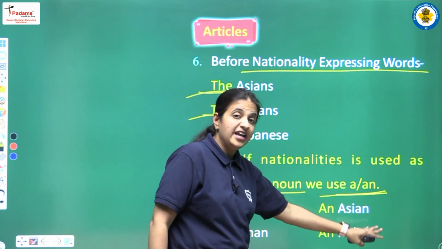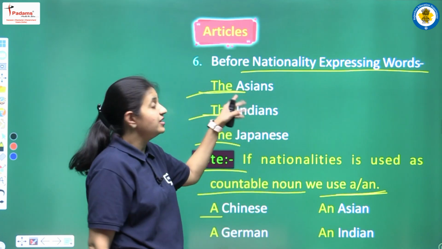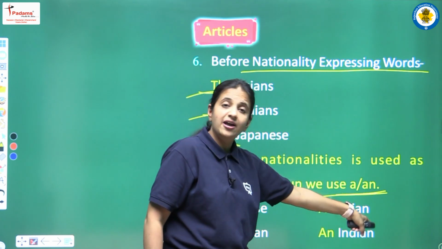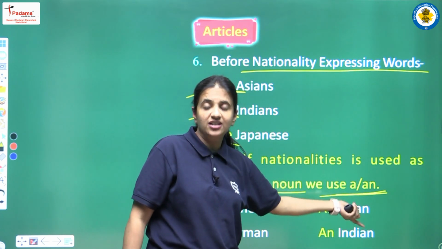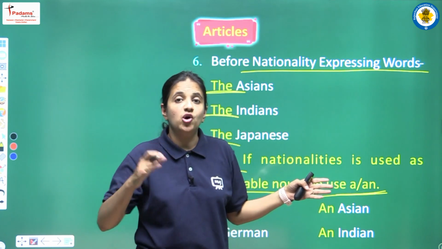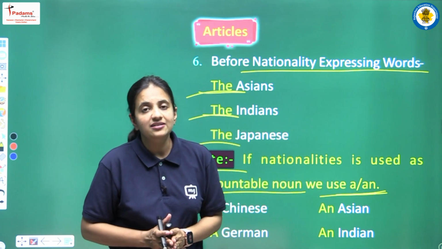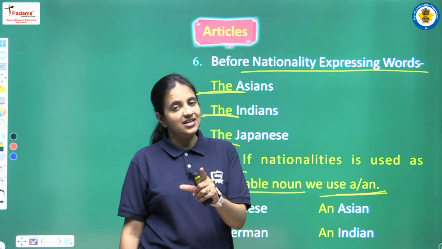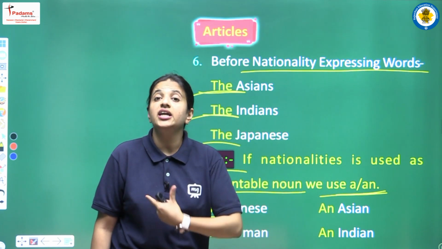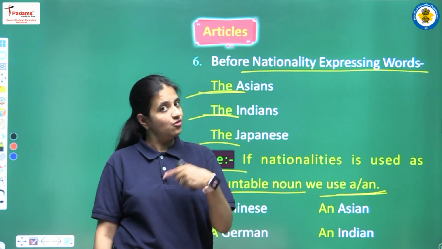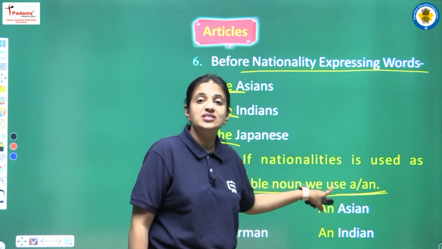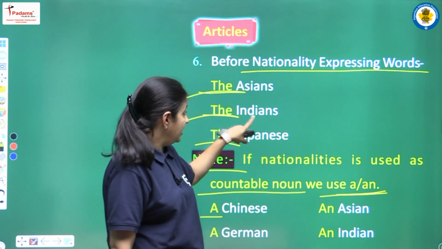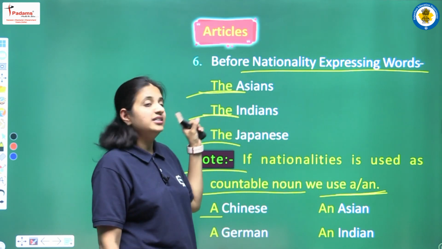Next, an Asian. So here we are having Asian. Earlier we used the article "the", but now we are having the singular noun Asian, so we have to use a or an, and that depends on the sound. Here the starting sound is a vowel sound, right? Asian, the starting sound is a, and a is a vowel. So we are using an here. Next we are having an Indian. Again, for Indians we were using "the", right?